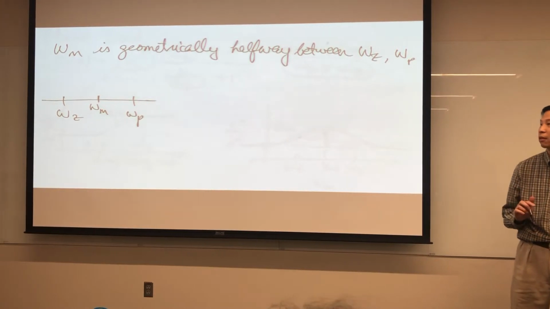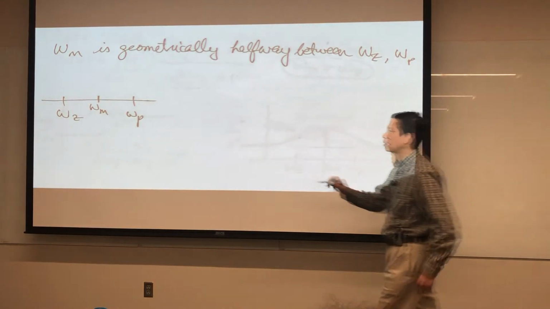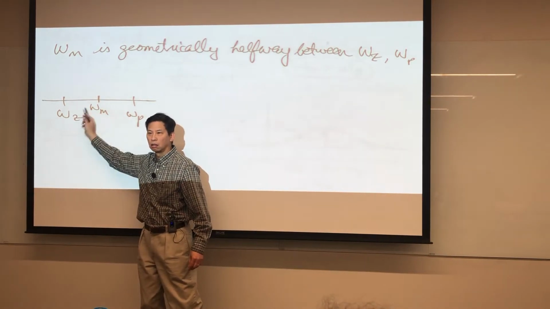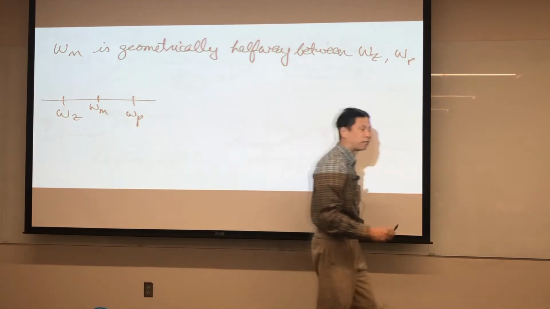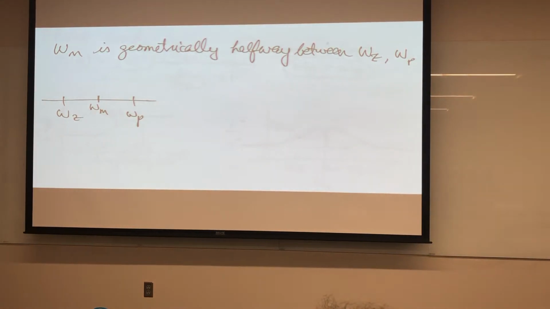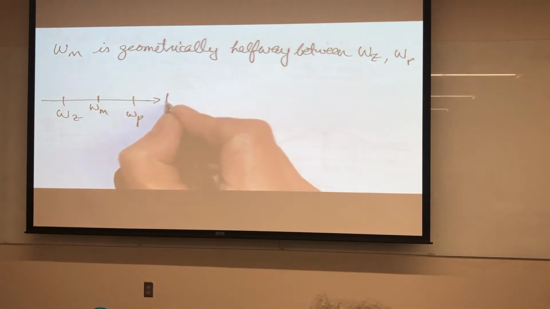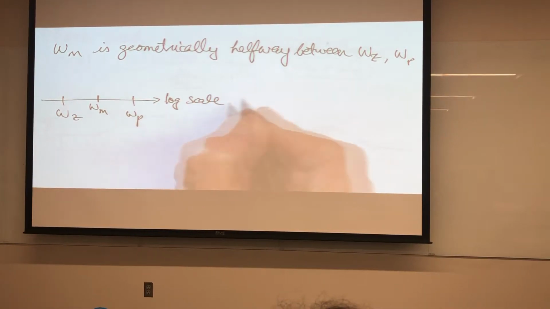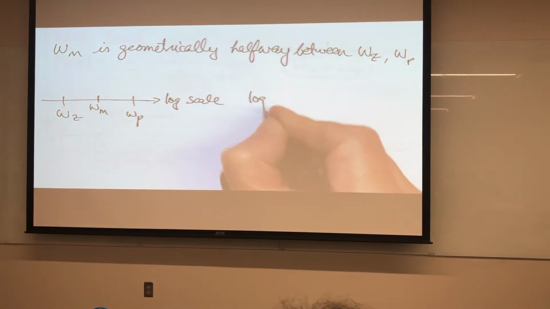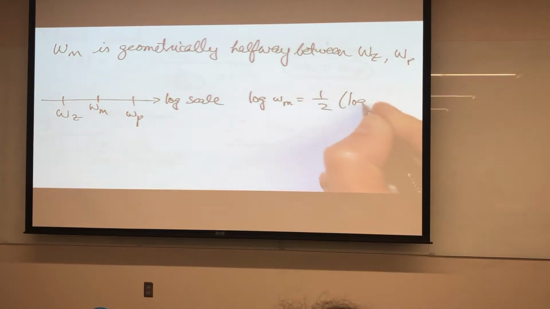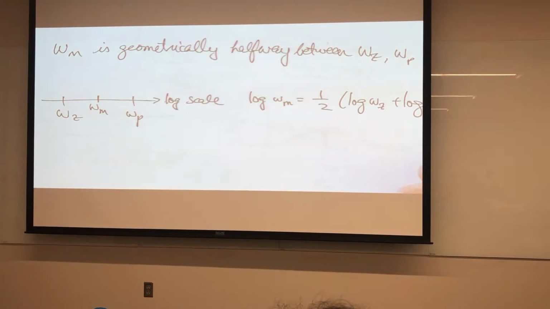Take the average. But we have to remember, what kind of scale is the frequency response on? Log scale. So we have to take the average in a log scale. And so because this is a log scale, the log of omega m is 1/2 the log of omega z plus the log of omega p.